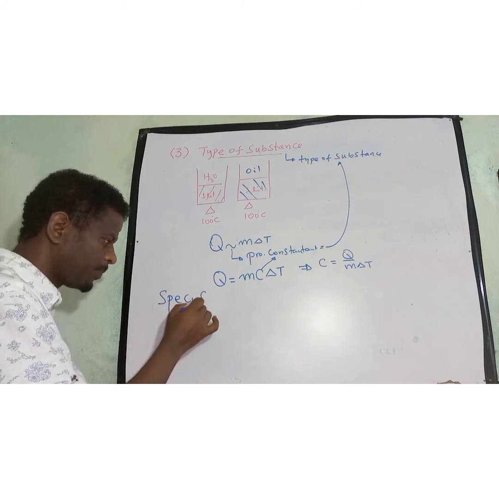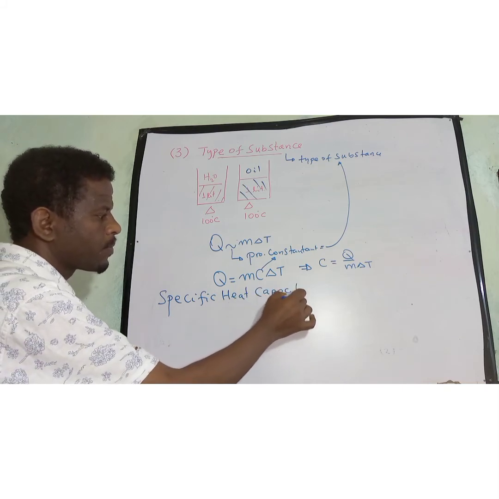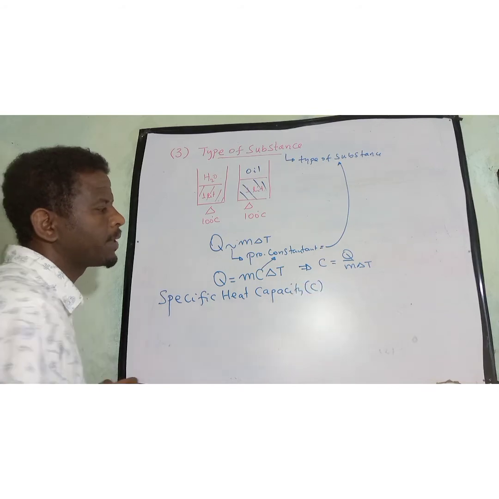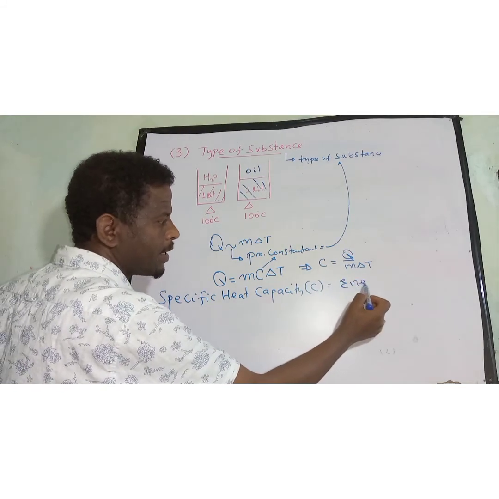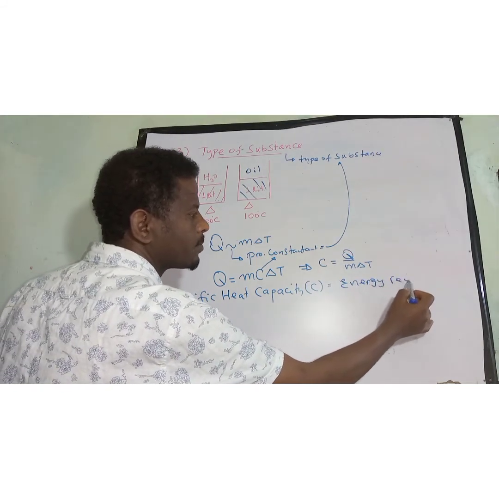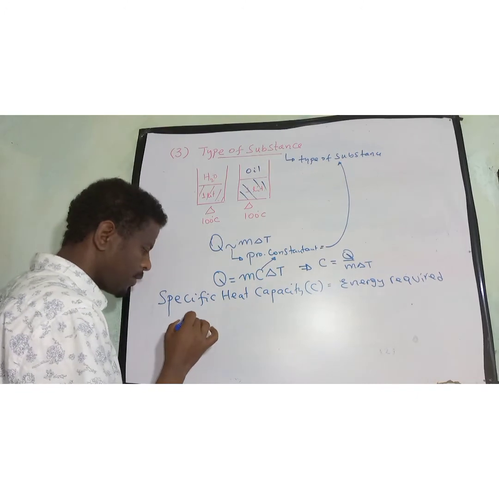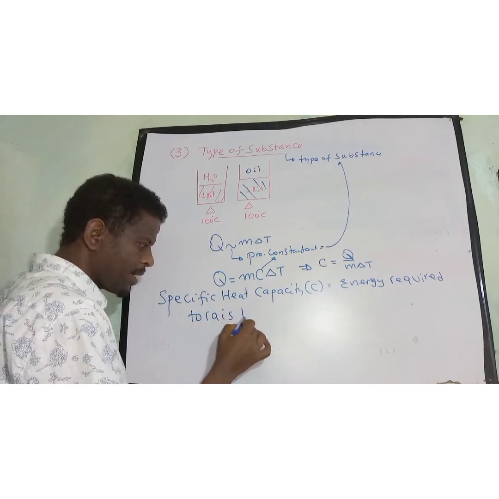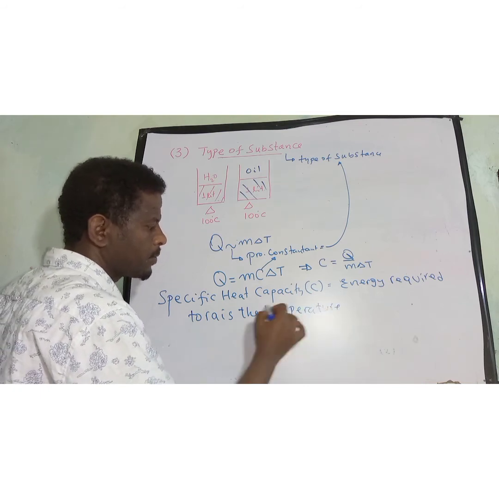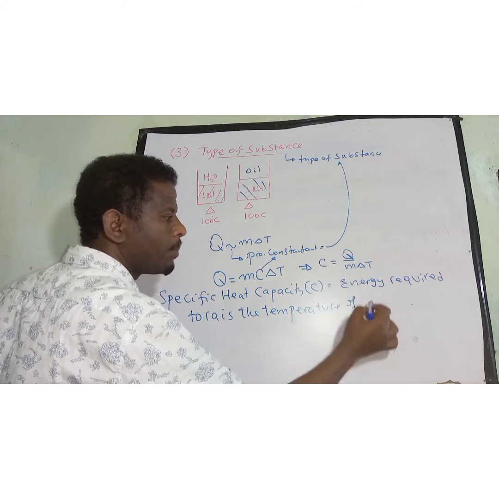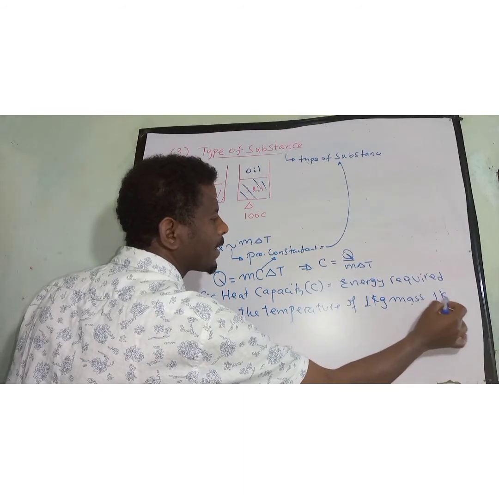Specific heat capacity is denoted by capital C. It is the energy required to raise the temperature of 1 kilogram of mass by 1 Kelvin.